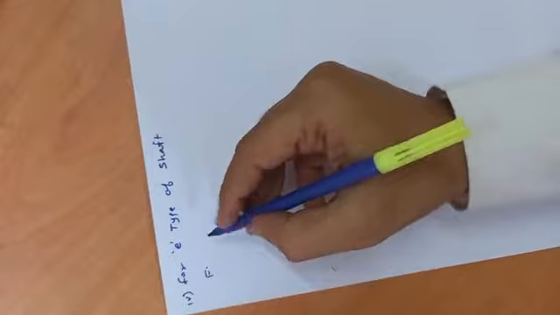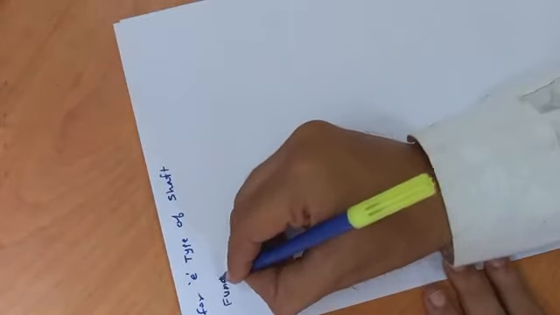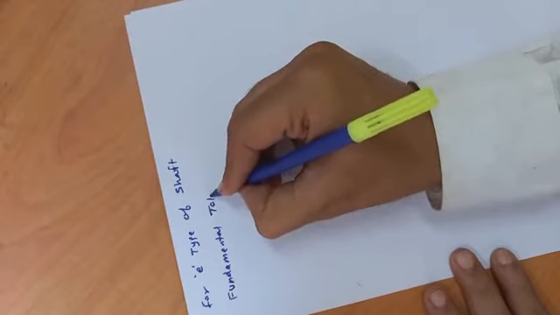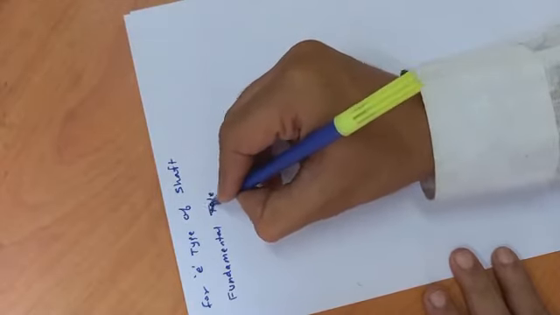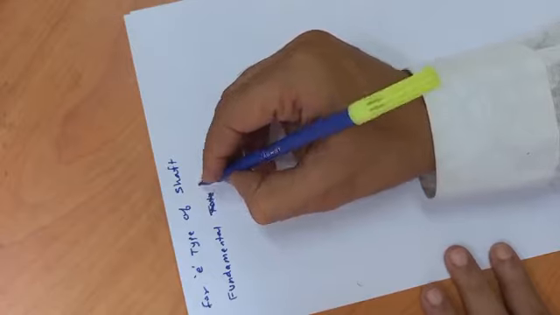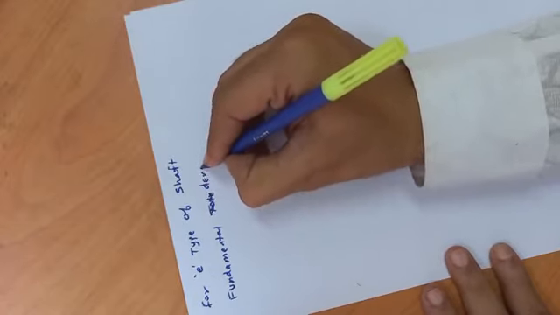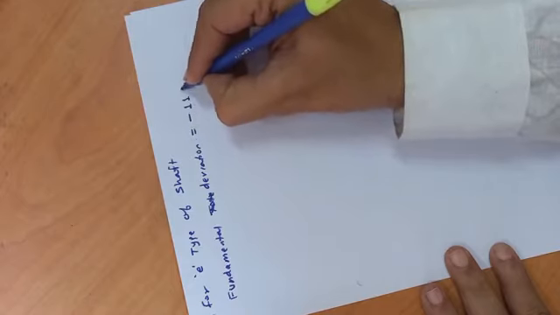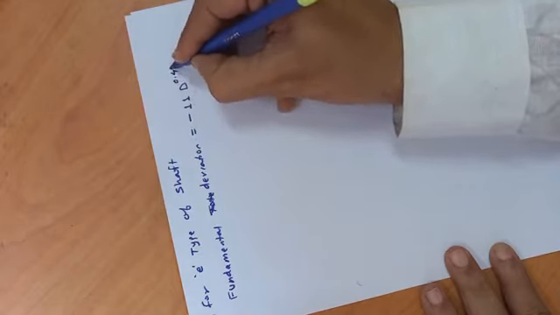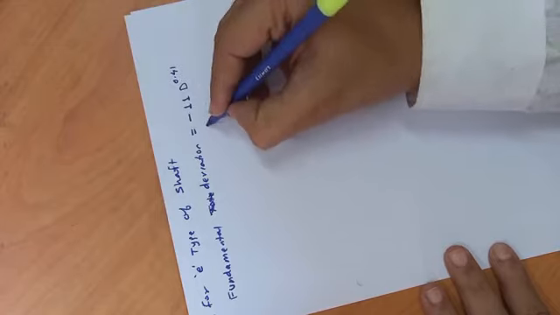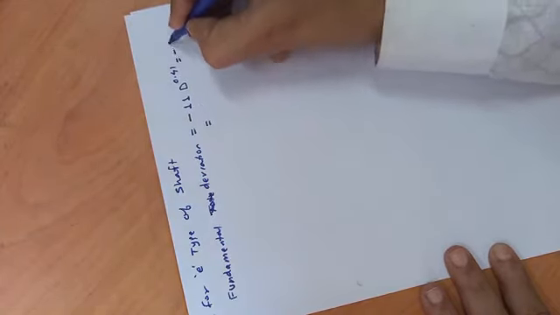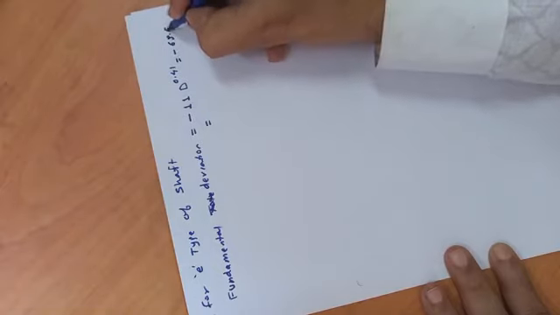So for E type of shaft, fundamental deviation, we are talking about deviation, is equal to minus 11 D to the power 0.41, and after putting the value of D, it comes to be minus 68.53.